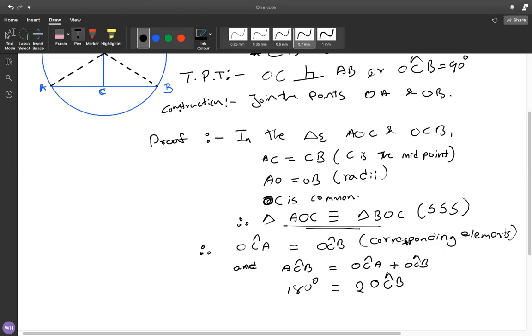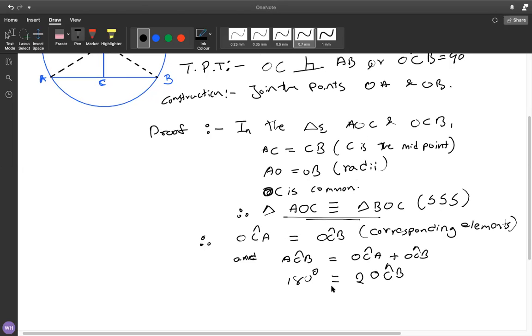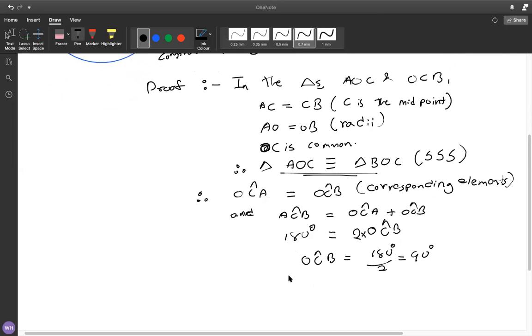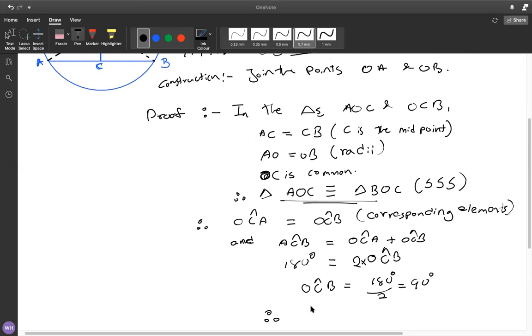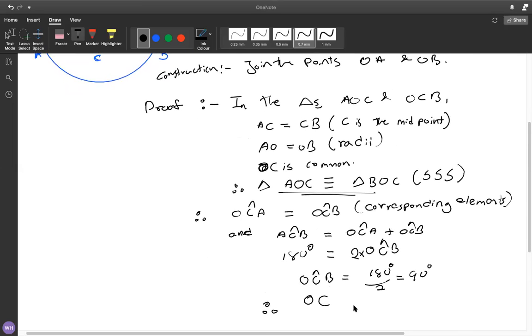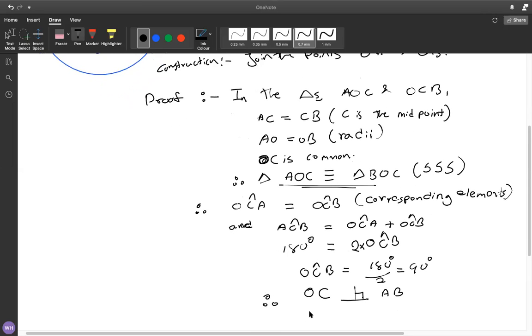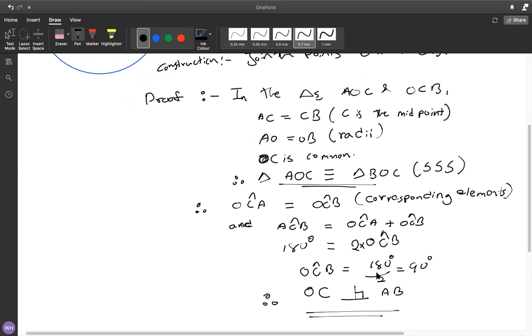Why? Since they are equal, as you have shown above. And then the magnitude of OCB will be equal to 180 divided by 2, which is 90 degrees. Is that clear? Therefore, the line OC is perpendicular to the line AB. So this is the formal proof of this theorem.